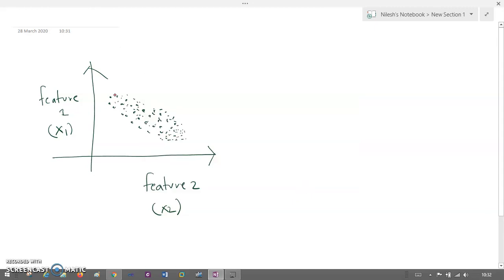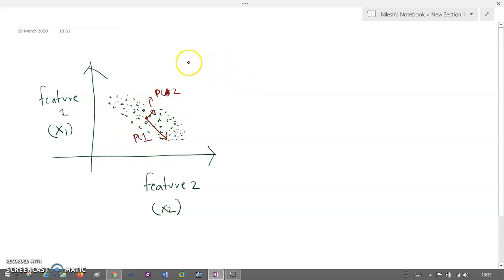And what I need is two principal components here. Let's say this is the center, this is my first principal component, and this is the second principal component. Let me say this is PC2, not PCA, just PC, and this is PC1.